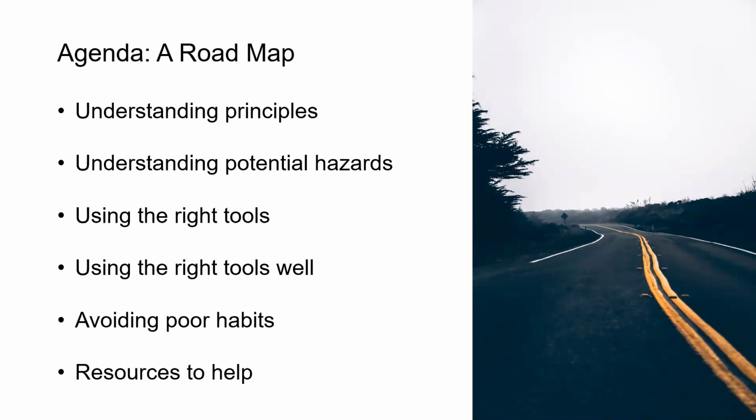Along with the hazards, we'll also look at some of the poor habits that researchers can fall into that can disadvantage them in their literature searching. Finally, we'll look at resources that people can draw on to help them and that contain much of the material that I'm going to cover here today.